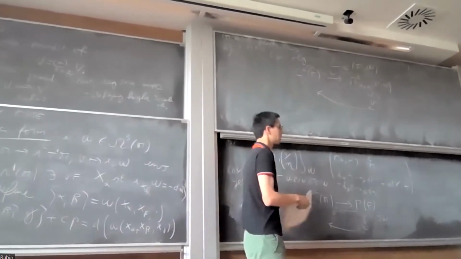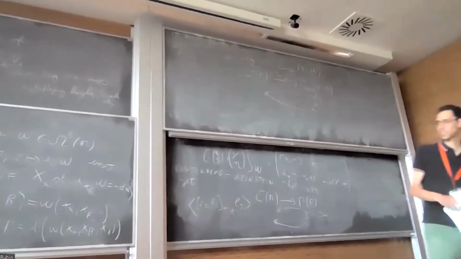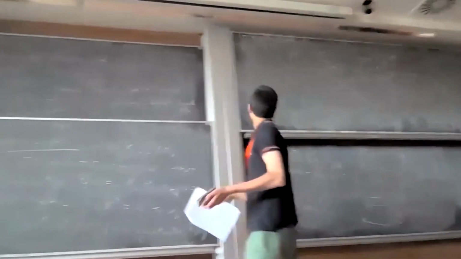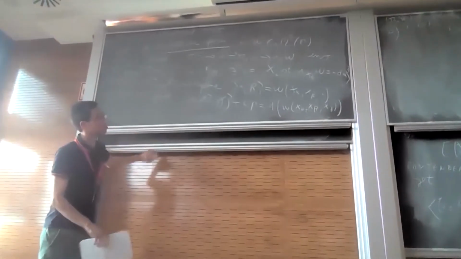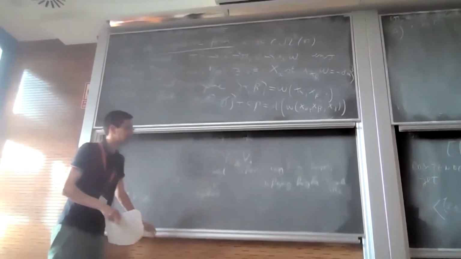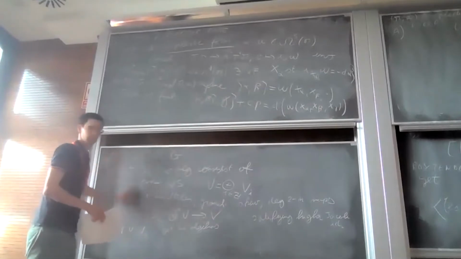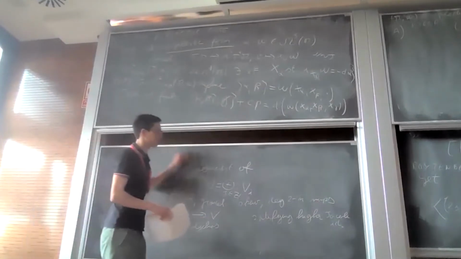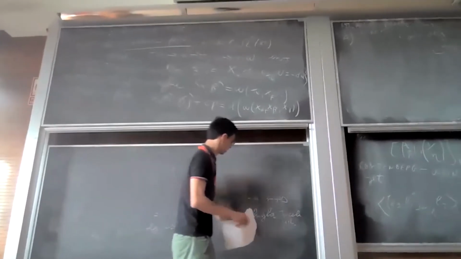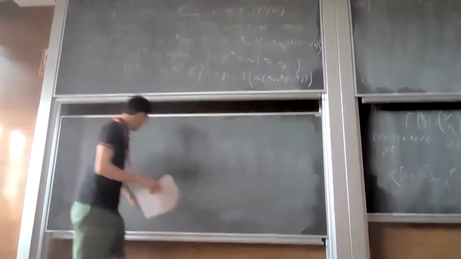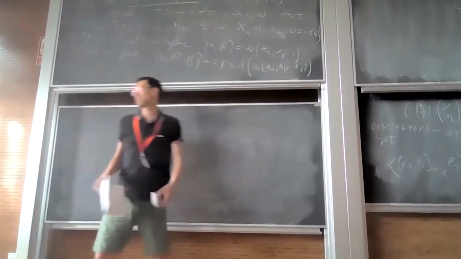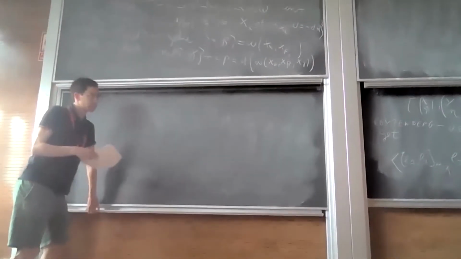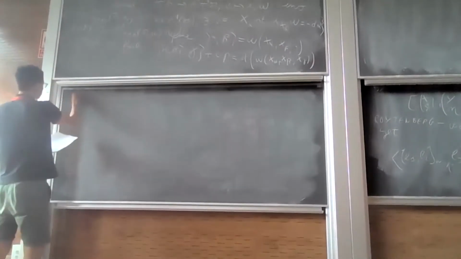So, okay, again, I asked the same question. What is the relation between these two L infinity algebras, L2 algebras that I have there? And Chris Rogers, in 2012 or something like that, stated that there is an L infinity embedding, an embedding of L infinity algebras of one into the other.